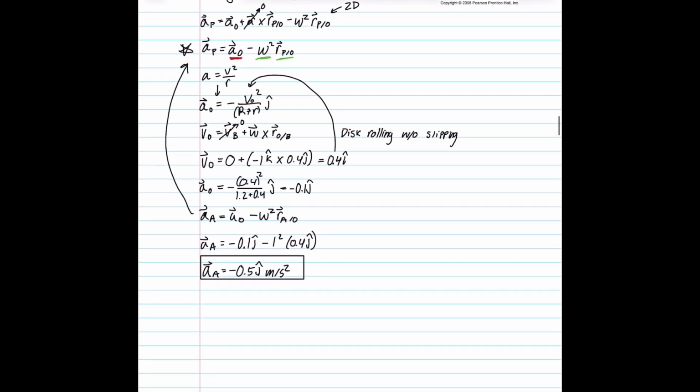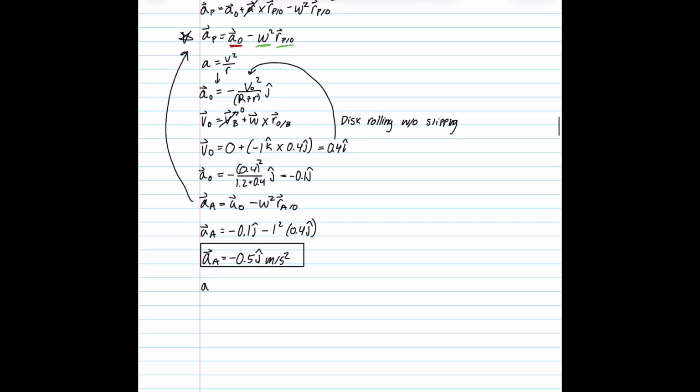And then the acceleration of point A is equal to negative 0.5 j hat meters per second squared. And I'll go back and correct that minus sign with the angular velocity in a second.